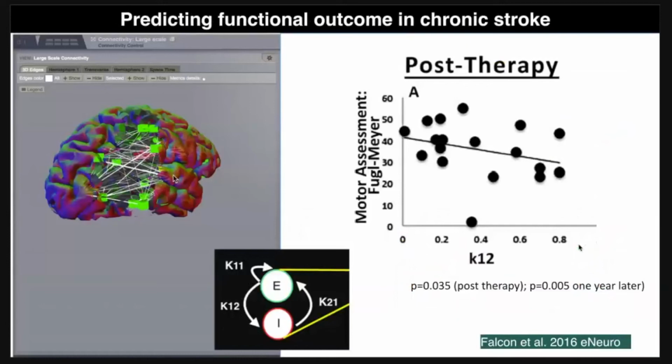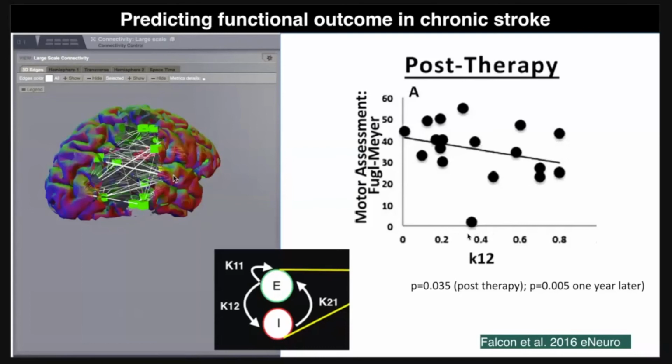They have virtualized 16 stroke brains and inferred the model parameters from these individuals. And they have shown that the model parameters are predictive for the functional outcome for these 16 stroke patients after rehabilitation therapy. So on the right side in the diagram, you see one of the model parameters, K12.